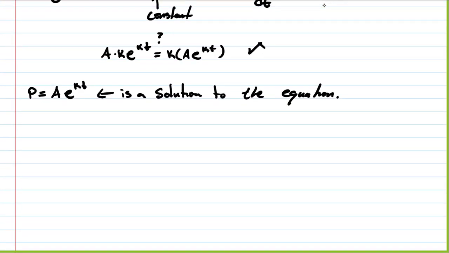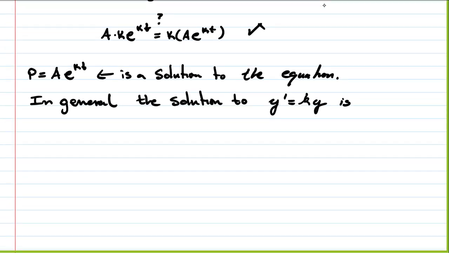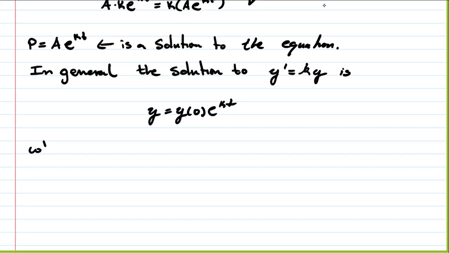So in general, the solution to y prime equals ky for the general proportionality problem is y equals y of 0 e to the kt, where y of 0 is the starting amount.